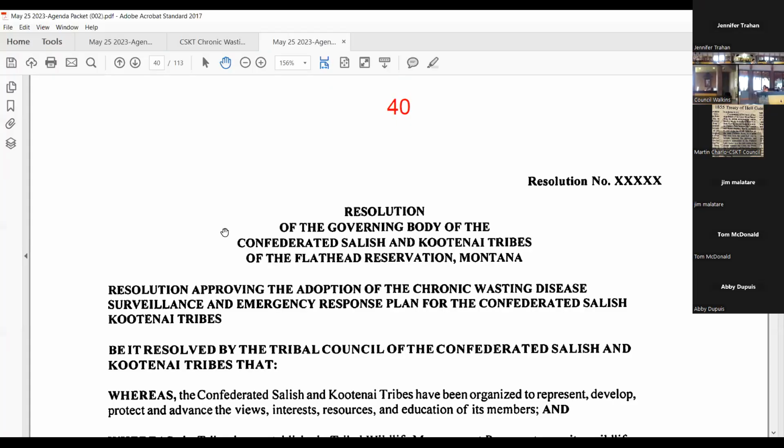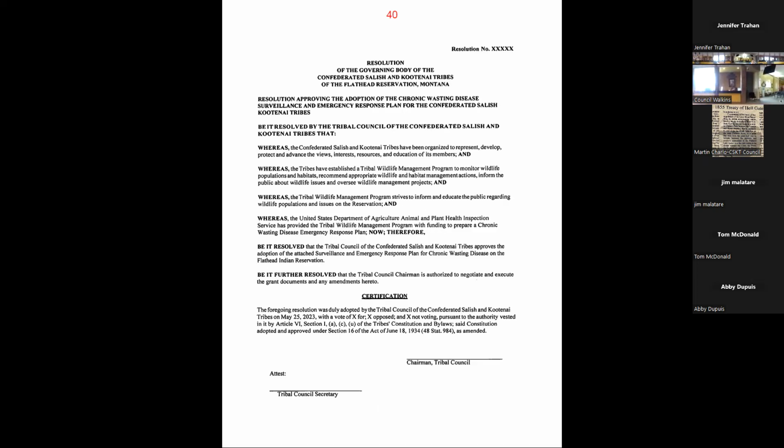Yes, Carol. Why are there just parts of the reservation that have the data collecting? Is it because of the size and you need to select an area, like the priority areas? Yeah, the wildlife management units are broken down and shaded different colors, and we're focusing on those shaded ones initially, because we're prioritizing those wildlife management units within 40 miles of an already known CWD source.